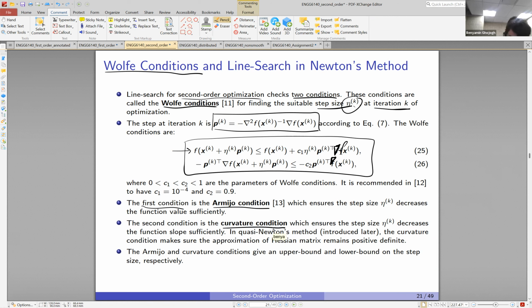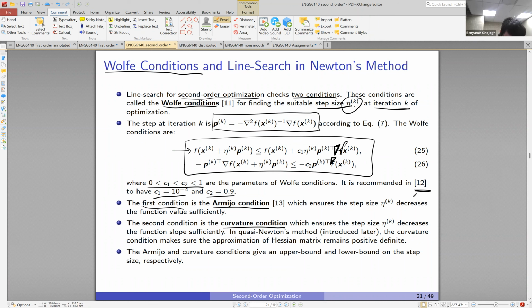By the way, C1 and C2 are two scalars between 0 and 1, not including 0 and 1. C1 should be very small, and C2 should be close to 1, according to reference 12. I think reference 12 is Nocedal's book, because Nocedal and Wright's book discusses Wolfe conditions and quasi-Newton methods very well.